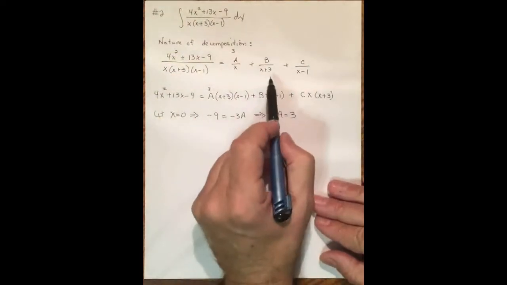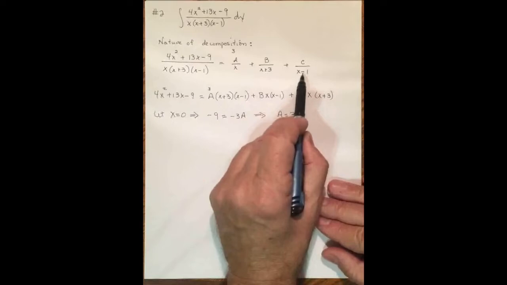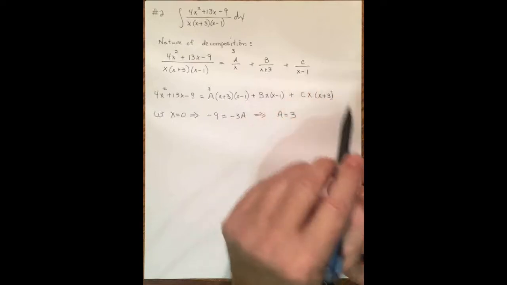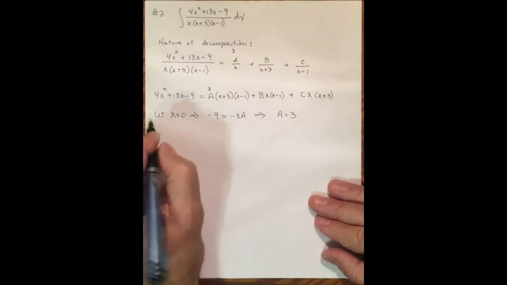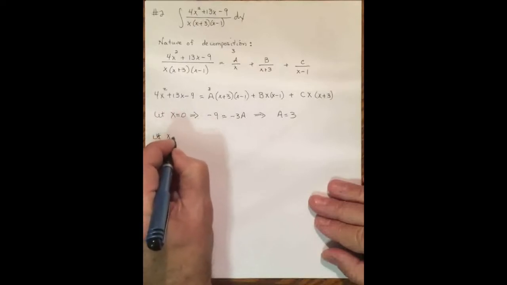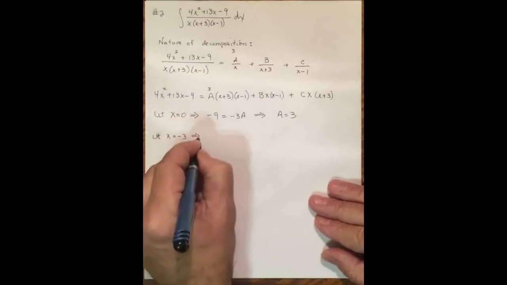Okay, now I'm going to repeat this. I'm going to let x equal negative 3 in a second. And then I'm going to let x equal plus 1. So let's do that. Let x equal minus 3 everywhere.